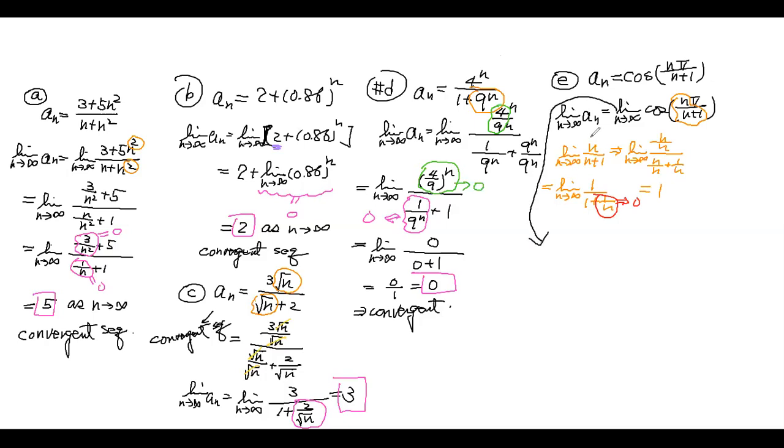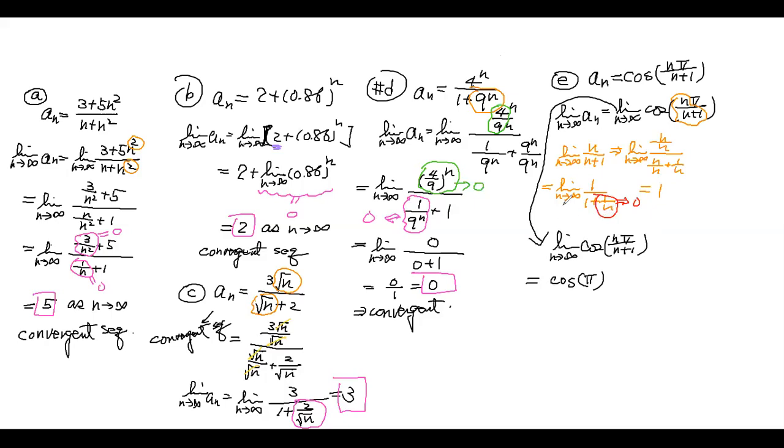So I will say, okay, the limit as n approaches infinity of cosine (n pi over n plus 1). This one will approach cosine what? Cosine pi here, right? So what is cosine pi?